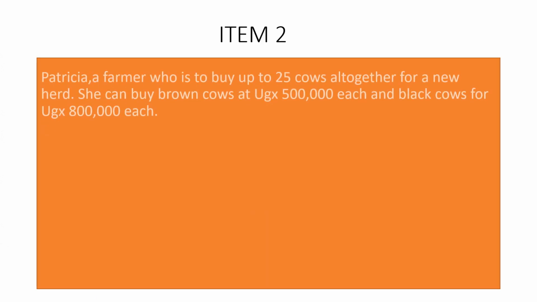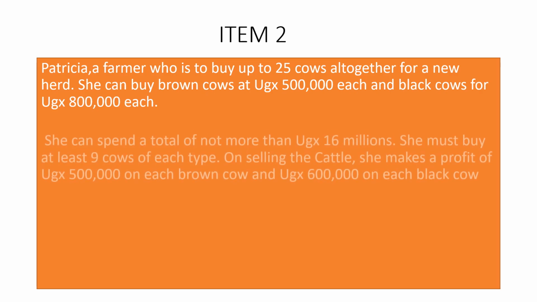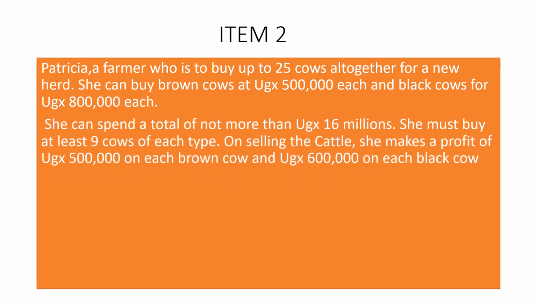Item 2 reads that Patricia, a farmer, is to buy up to 25 cows altogether for a new herd. She can buy brown cows at 500,000 shillings each and black cows for 800,000 shillings each. Then she can spend a total of not more than 16 millions.